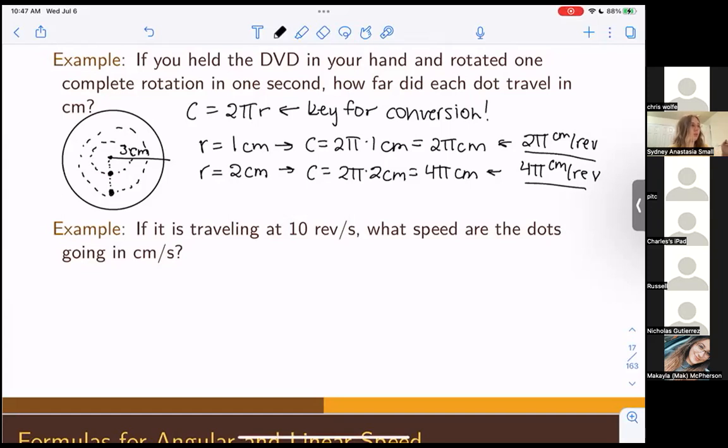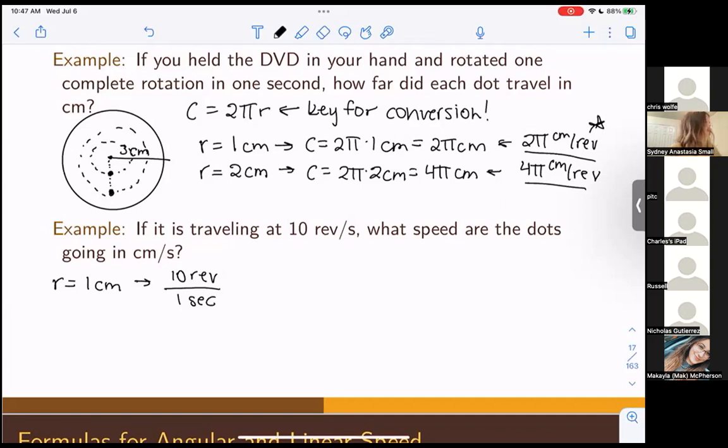So let's start with the 1 centimeter dot again. We know that the CD is traveling at 10 revolutions per 1 second, and we want to convert revolutions into centimeters. Conveniently, we have a conversion up here that is already a relationship between centimeters and revolutions.